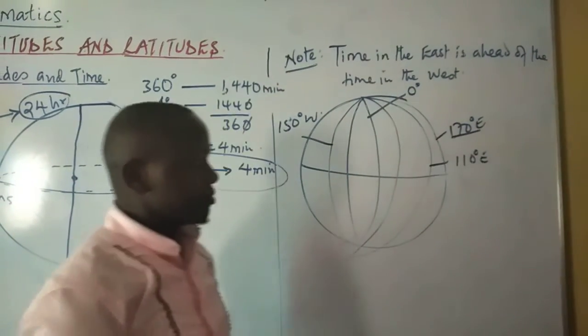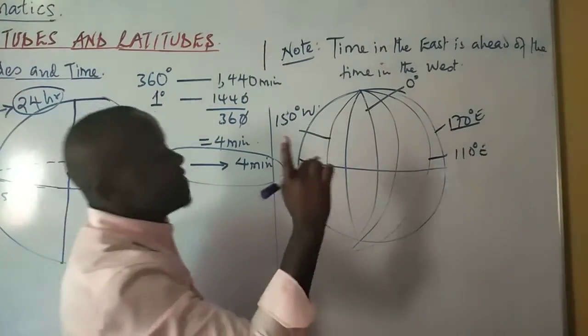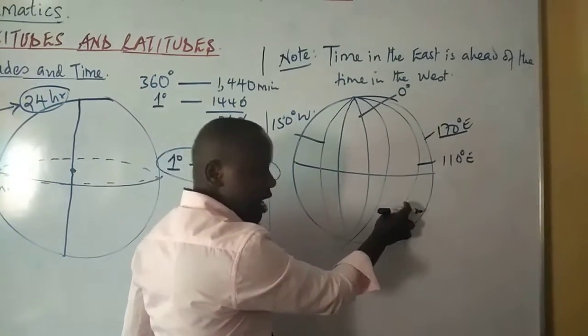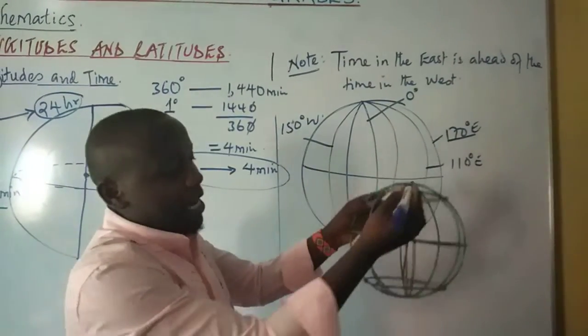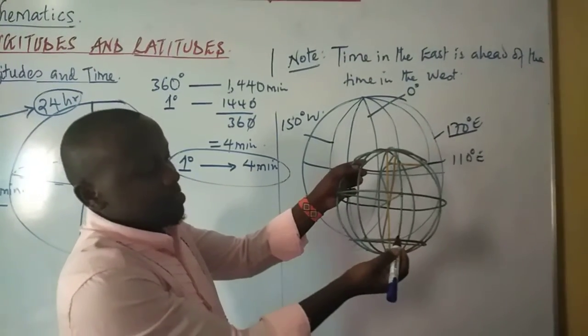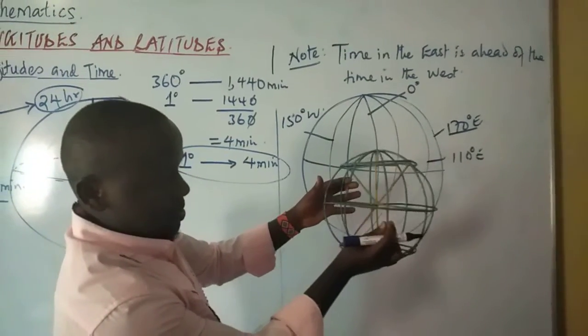Therefore, places on the same longitude have the same time, because if a place is here and another one is here, the sphere of the Earth is rotating like this.